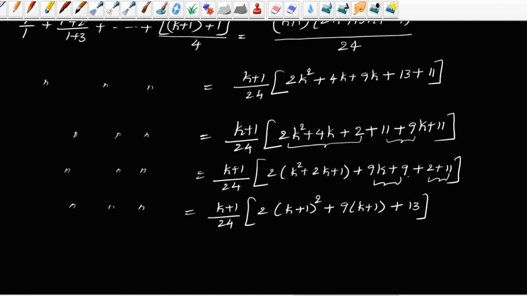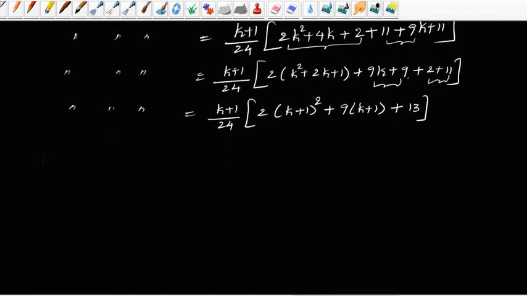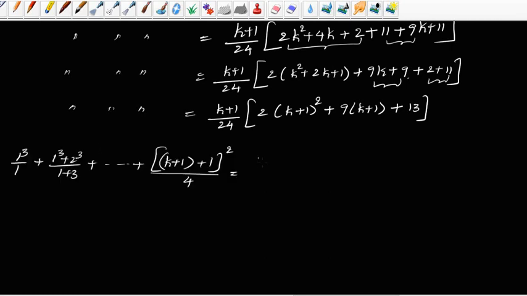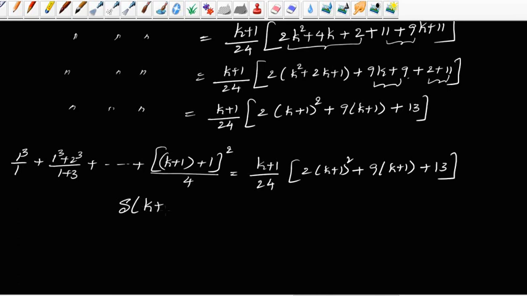So our final answer is k plus 1 by 24 into 2 into k plus 1 whole square plus 9 into k plus 1 plus 13. Observe here, in the given sum we have n equal to k plus 1. So the statement is true for k plus 1, that is s of k plus 1 is true by the principle of mathematical induction.